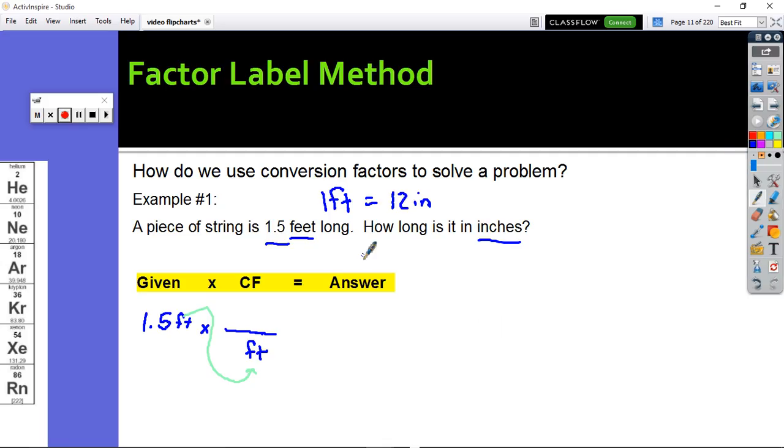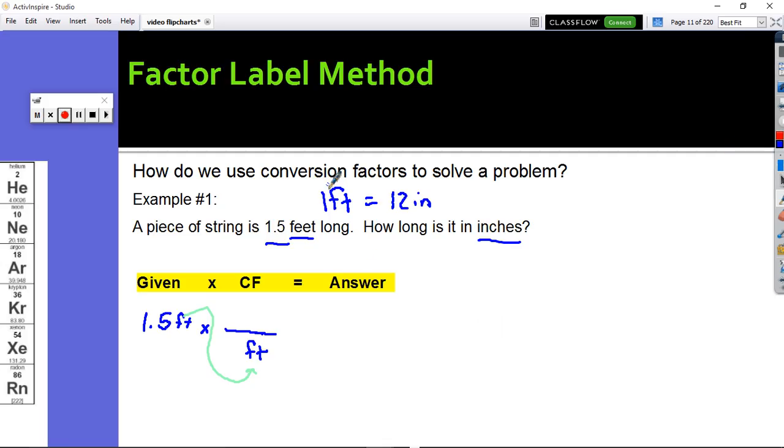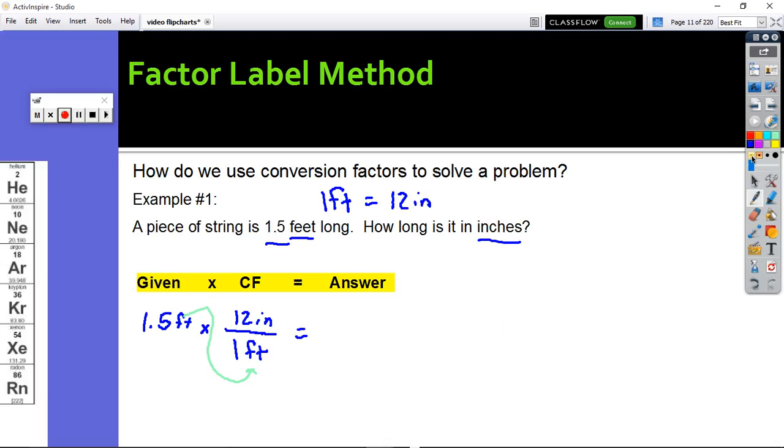Then let's look at our conversion factor. What number goes with feet? 1 goes with feet, so we're going to write down 1 foot down here. The rest of the conversion factor goes on top. The rest of the conversion is 12 inches. 12 inches goes on top. Now, before we do the work, we want to cancel out the units that we can.